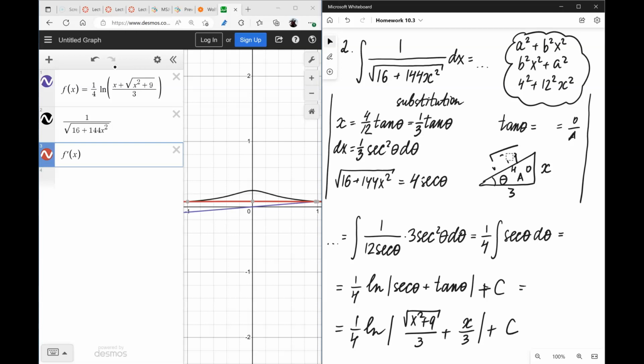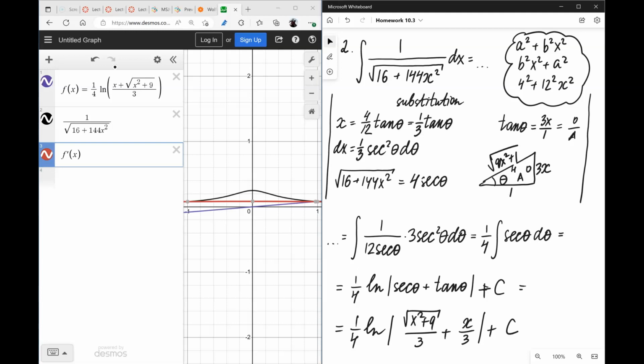So we're going to have tangent theta is just 3x over 1. So this is 3x, this is 1. So this is square root of 9x squared plus 1.